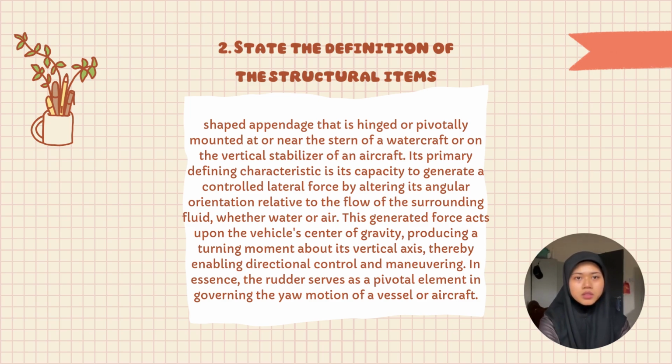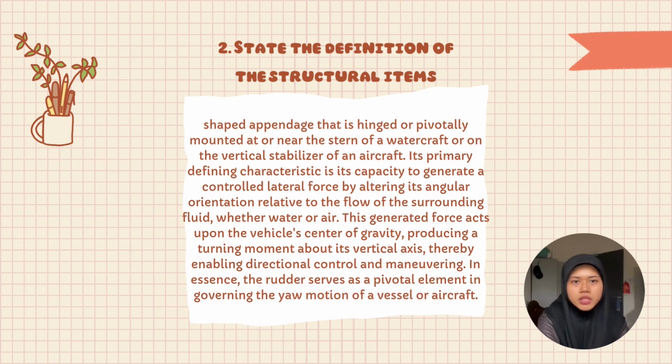Okay, the definition of rudder. A rudder is a shaped appendage that is hinged or pivotally mounted at or near the stern of a watercraft, or on the vertical stabilizer of an aircraft. Its primary defining characteristic is its capacity to generate a controlled lateral force by altering its angular orientation relative to the flow of the surrounding fluid, whether water or air.